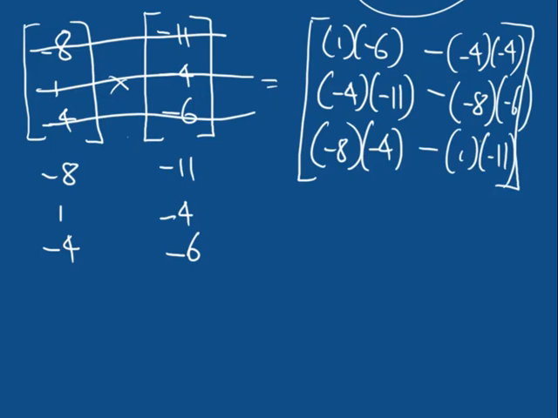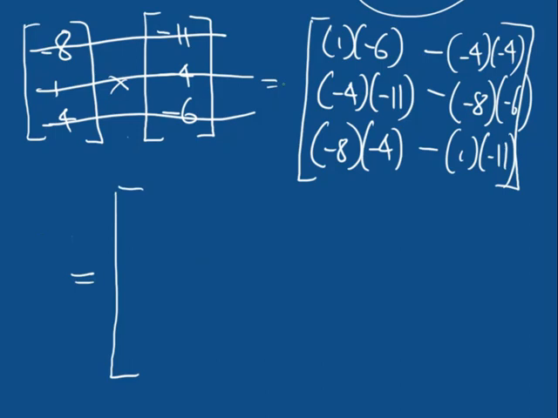Fantastic. So I'm going to erase these to clear some space. Fantastic. And let's start evaluating this. So 1 multiplied by minus 6 is minus 6. Minus 4 multiplied by minus 4 is positive 16, so we're subtracting 16.